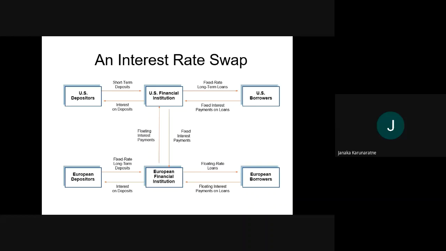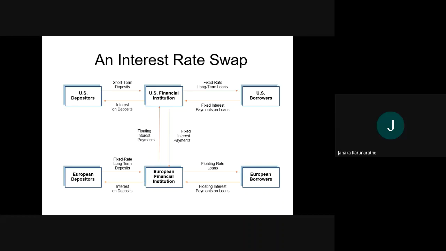So you will see, because of this interest rate swap, both the US financial institution and the European financial institution can hedge their interest rate risk. So now both parties are not worried about whether interest rates go up or down. Okay. For the US institution, what was the risk earlier? Interest rate rise. Now I am not worried because I am getting floating rate payments. For the European institution, what was the risk?